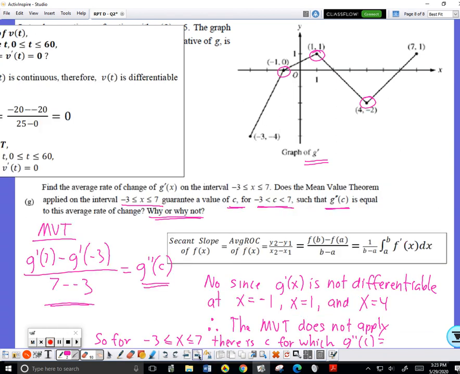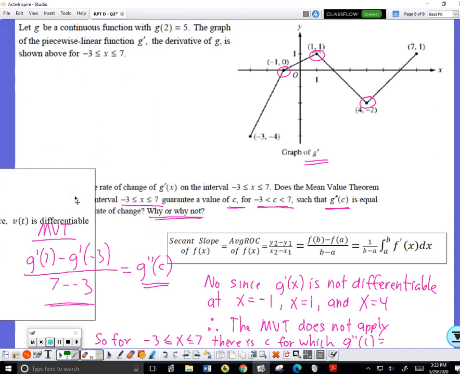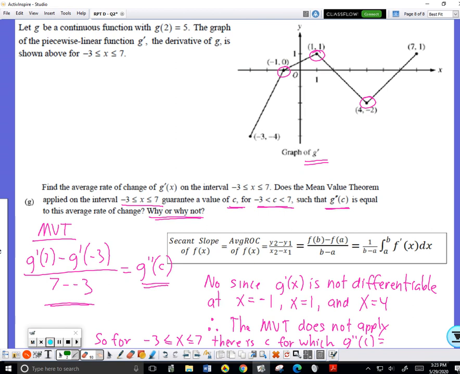Oops, not there. We crossed it out because we needed the space. So we had up here g prime of 7 minus g prime of negative 3 over 7 minus negative 3. This turned out to be 1 minus negative 4 all over 10, which is 5 over 10. It's 1/2. So this would be 1/2.